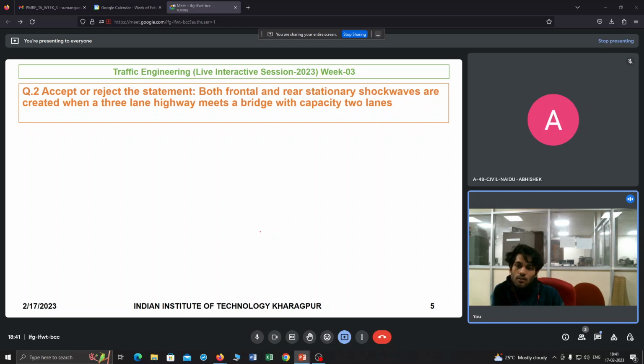So is it that both types of shockwave are created? Okay. Now tell me, as you have answered it, true means both frontal and rear. Now tell me in what scenario there will be a frontal stationary shockwave and in what condition there will be a rear stationary shockwave.